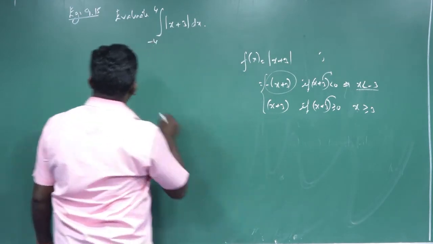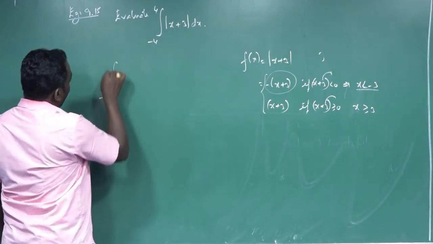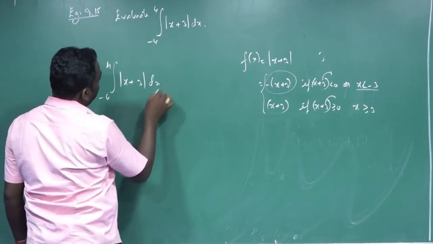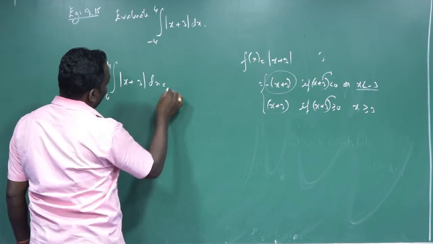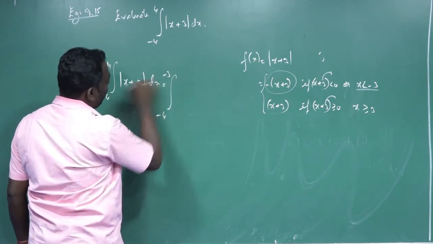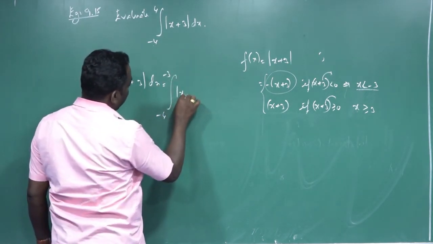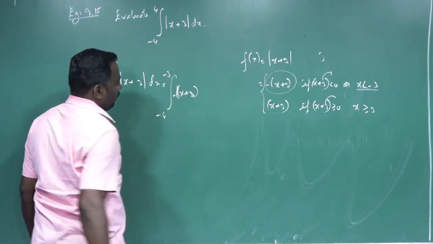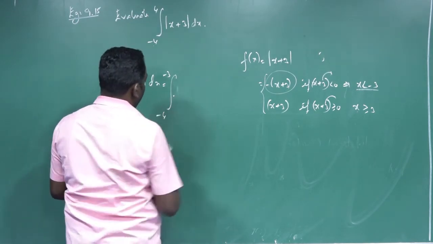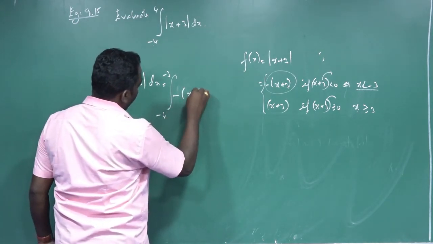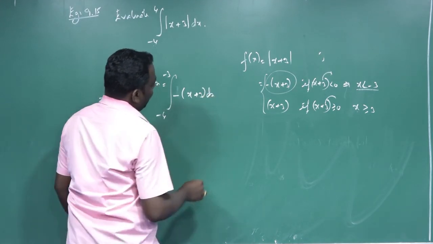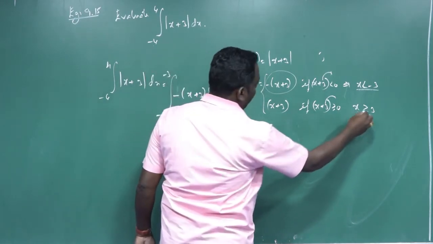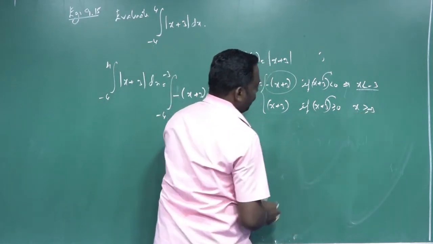The given integral from minus 4 to plus 4 of modulus of x plus 3 dx is split into the integral from minus 4 to minus 3 of modulus of x plus 3, which is equal to minus of x plus 3, dx, then plus the integral from minus 3 to plus 4.